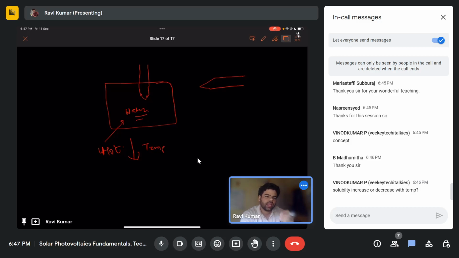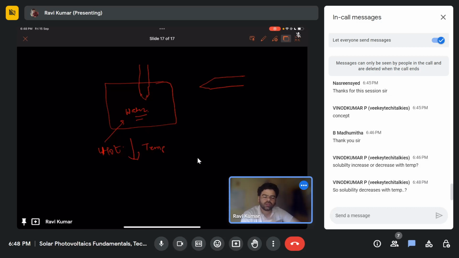Why do we have ice at less temperature, or with a decrease in temperature? If we have water, see, if there is high temperature, will solubility be high or low?